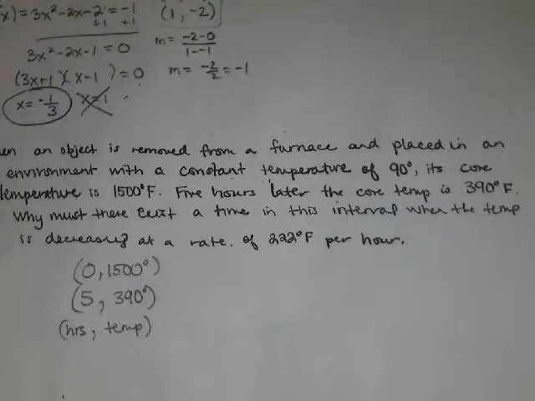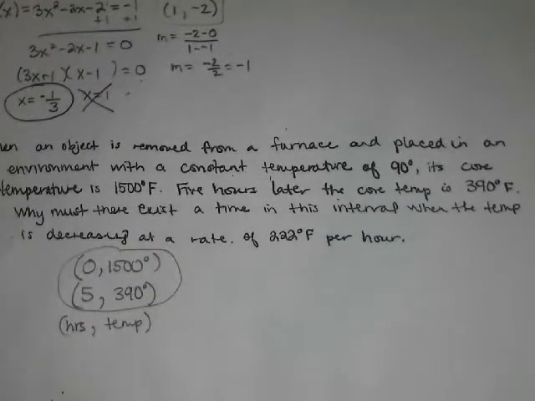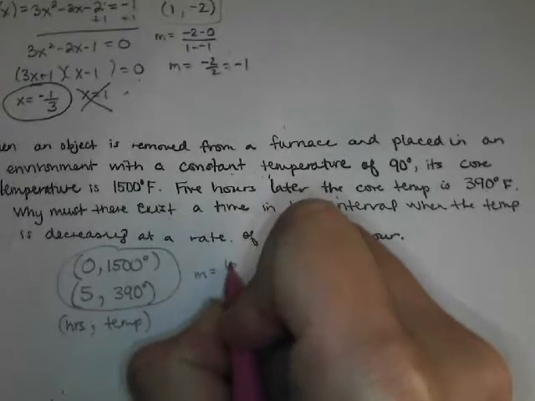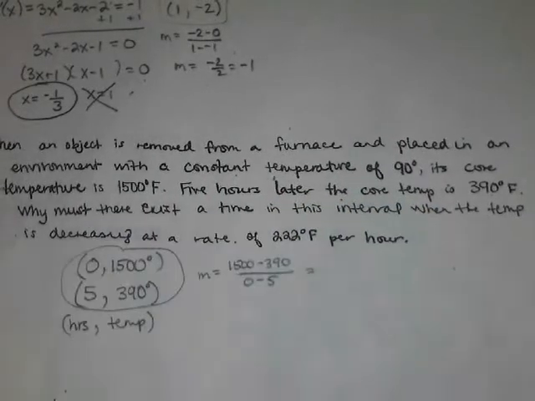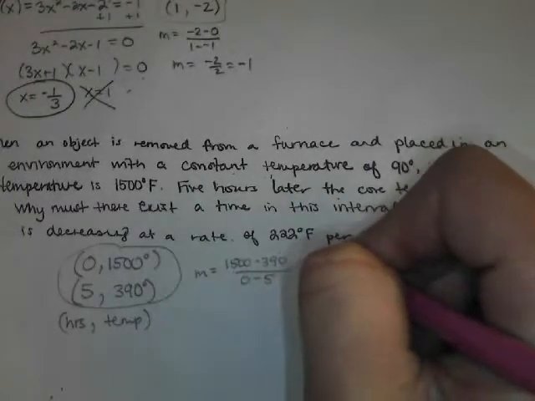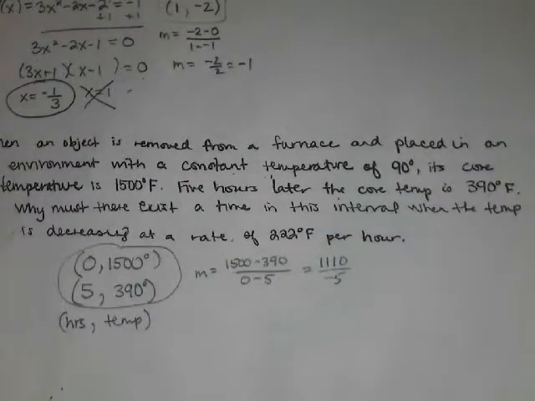And we're going to get 1110 over negative 5, which is negative 222. Probably not a surprise to most of you. So the average rate of change along that interval is negative 222 degrees.